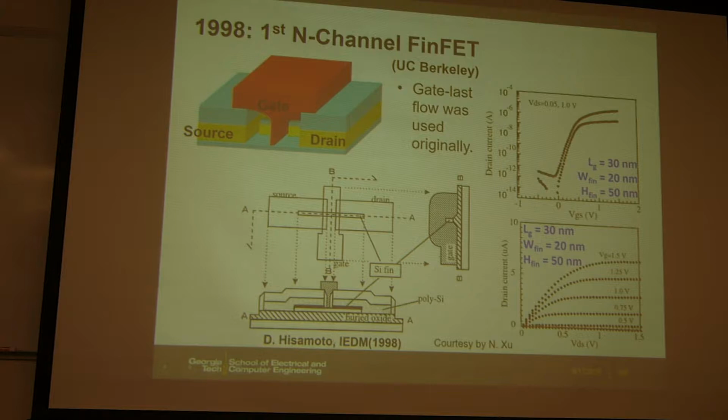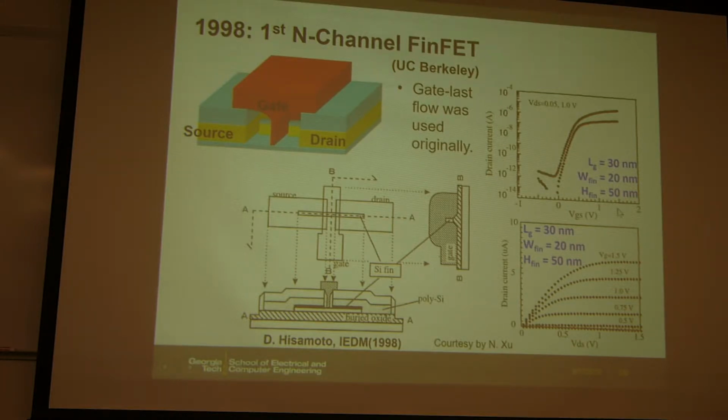And this is the schematic of the design, and this is the experimental data of the ID-VG and the ID-VD, those two kinds of IV characteristics. And here are the dimensions, like gate length 30 nanometer, fin width 20 nanometer, and fin height 50 nanometer.